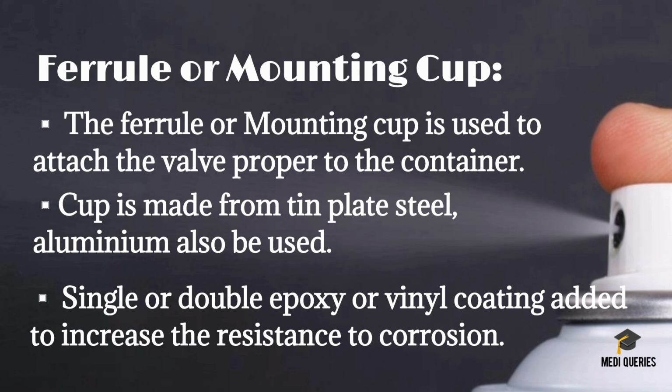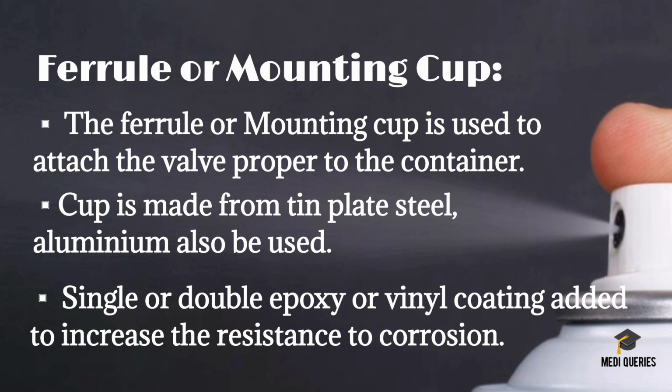Here the ferrules are used with glass bottles or small aluminum tubes and are usually made from a soft metal such as aluminum or brass. The ferrule is attached to the container either by rolling the end under the lip of the bottle or by clinching the metal under the lip. So this is like a mounting cap arrangement.